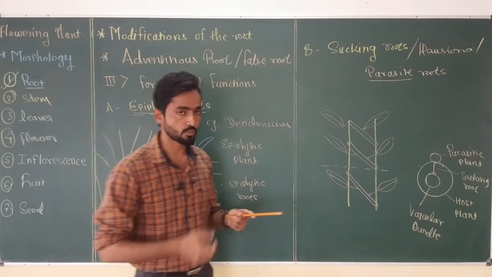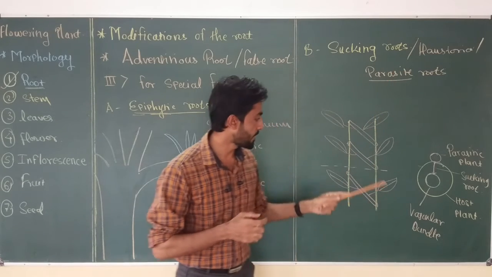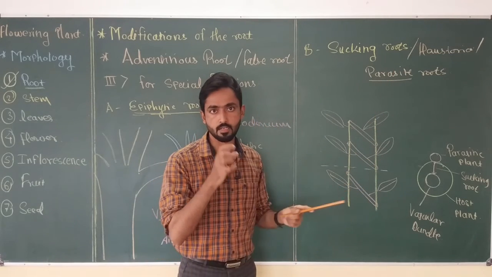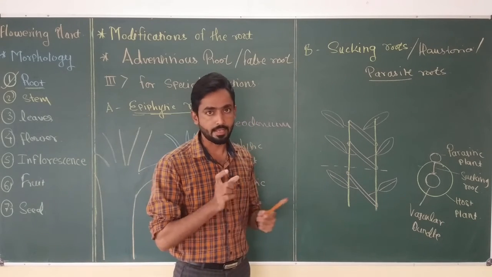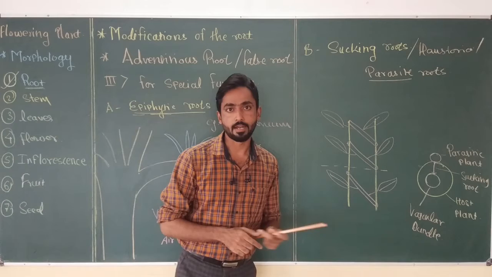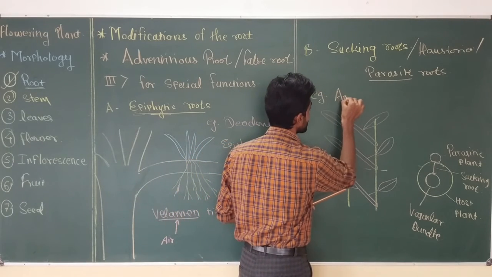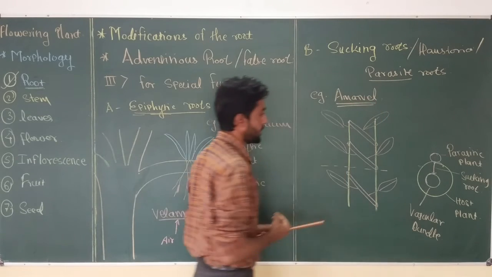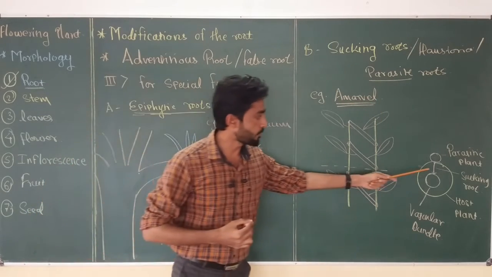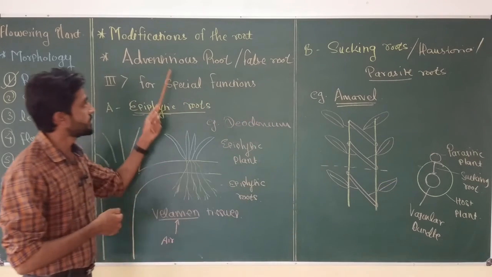Okay, so in case of complete sucking root or Haustoria, the parasitic plant is completely dependent upon the host plant for its nourishment. An example of a parasitic plant is Amarvel. Okay, so as this type of root develops from the stem, we can call it an adventitious root.